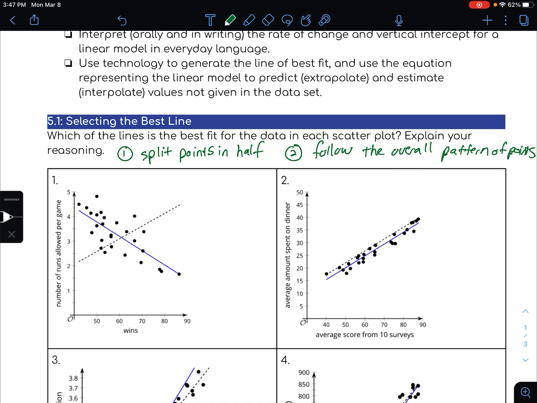But only the blue line also follows the overall pattern, which is generally going in this direction, right? As you're reading from left to right, as the x value increases, the y value decreases. So the points go down and to the right.